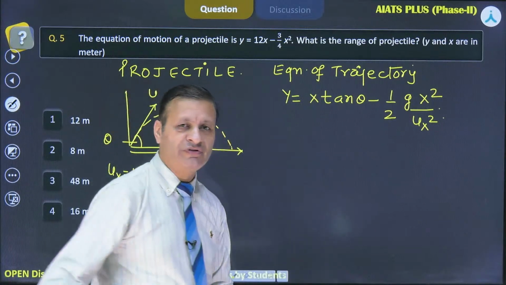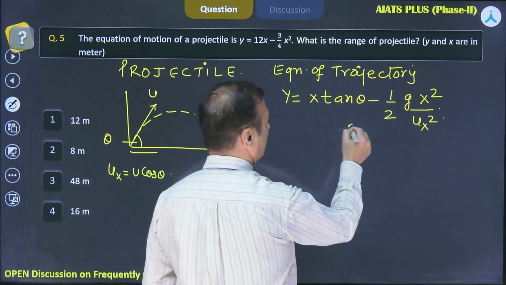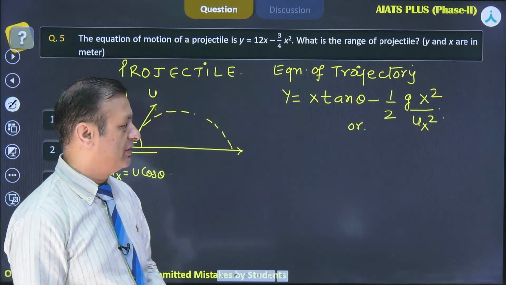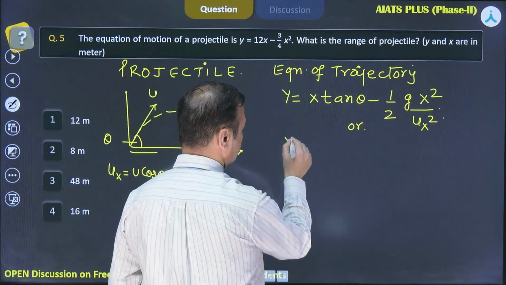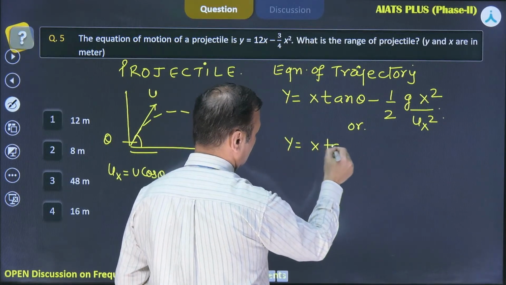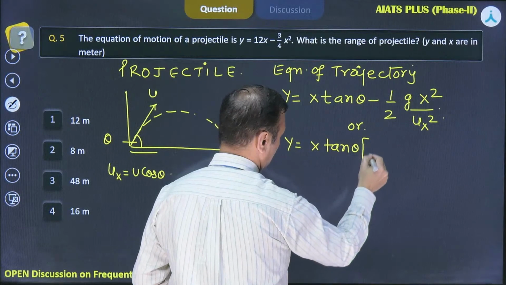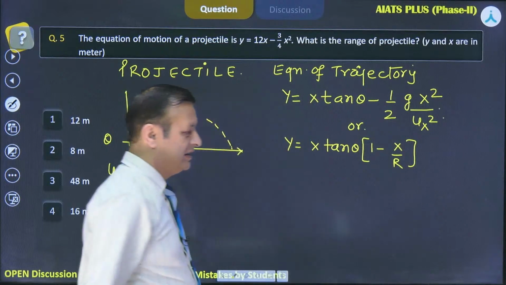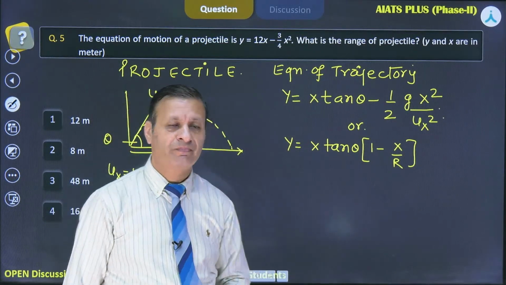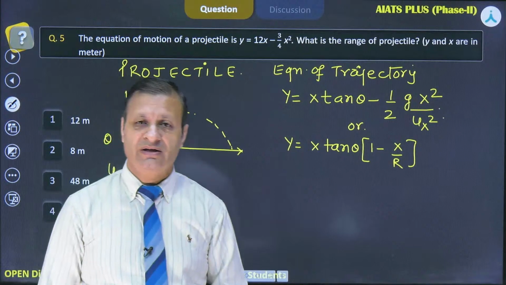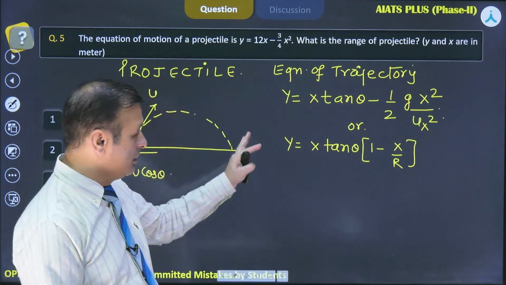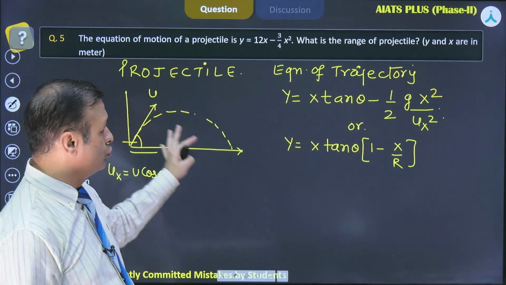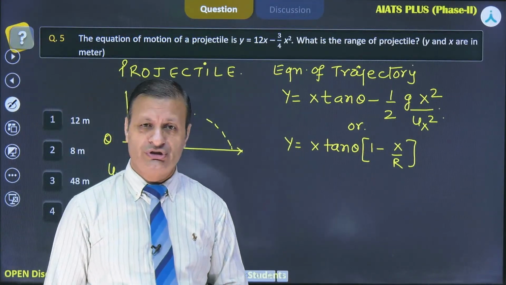The same equation of trajectory, with some readjustment of the formula trigonometrically, can also be written as y is equal to x tan theta times 1 minus x by R. So these are the two standard equations which are basically used to understand these kinds of questions.